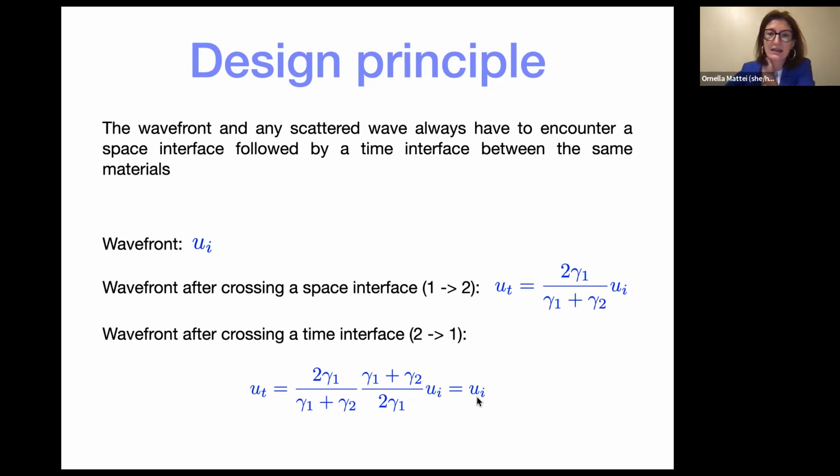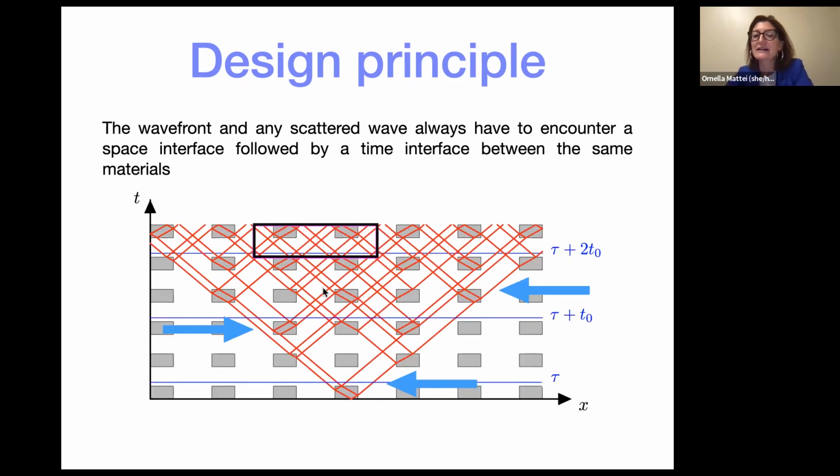So let's check whether this design principle applies to the microstructure that I showed to you earlier. This was the very last example that I showed, where we did not have unbroken PT-symmetry. And so in this case, unless the wave impedances are equal to each other, the wave increases its amplitude in time.